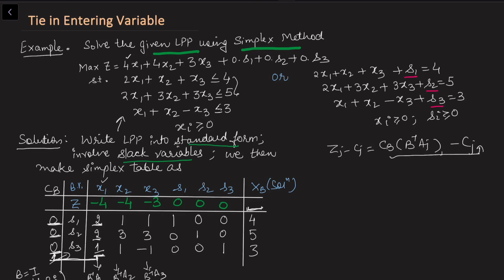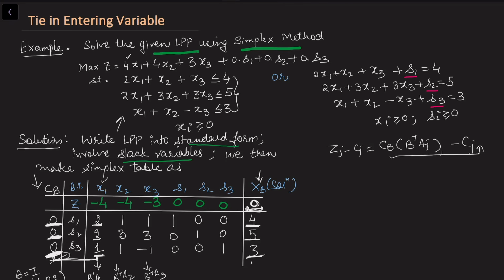To calculate the value for z, the same way I'm going to multiply xb by CB correspondingly. So this is row multiplication, 0 into 4 plus 0 into 5 plus 0 into 3. So the value for z initially is 0.